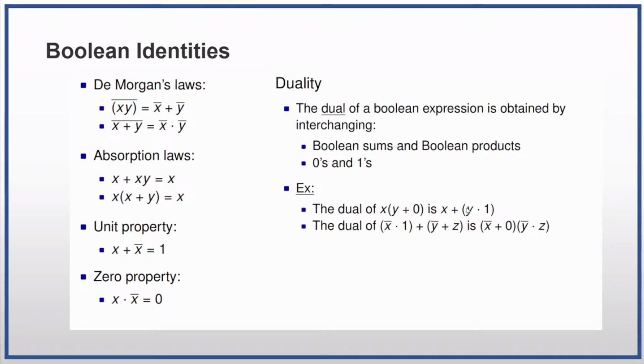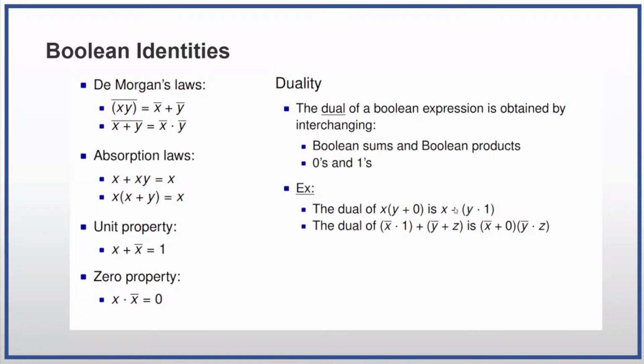Here y is kept as y, plus becomes the product, and 0 becomes 1. So this is the dual of x and y or 0: x or y and 1. So this is how you can obtain duality.